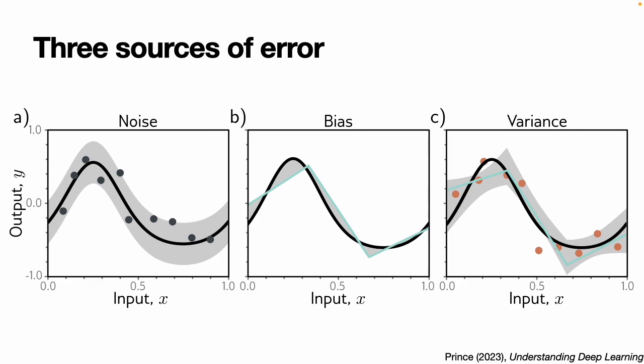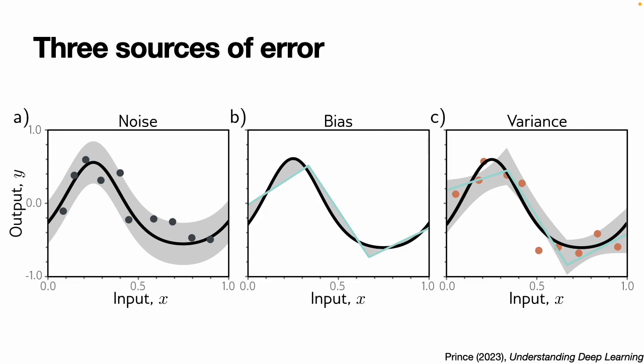What's this one? Well, this is the expected model. That's the difference between the expected model output and the mean of the observations. If these observations are actually centered on this black curve, then the mean of the observations is that black curve.